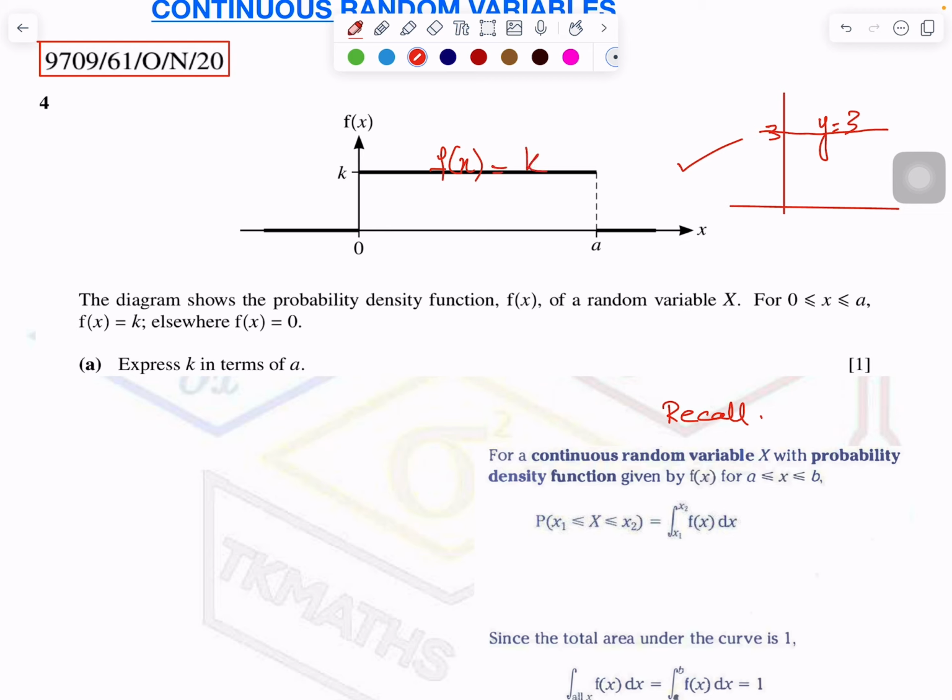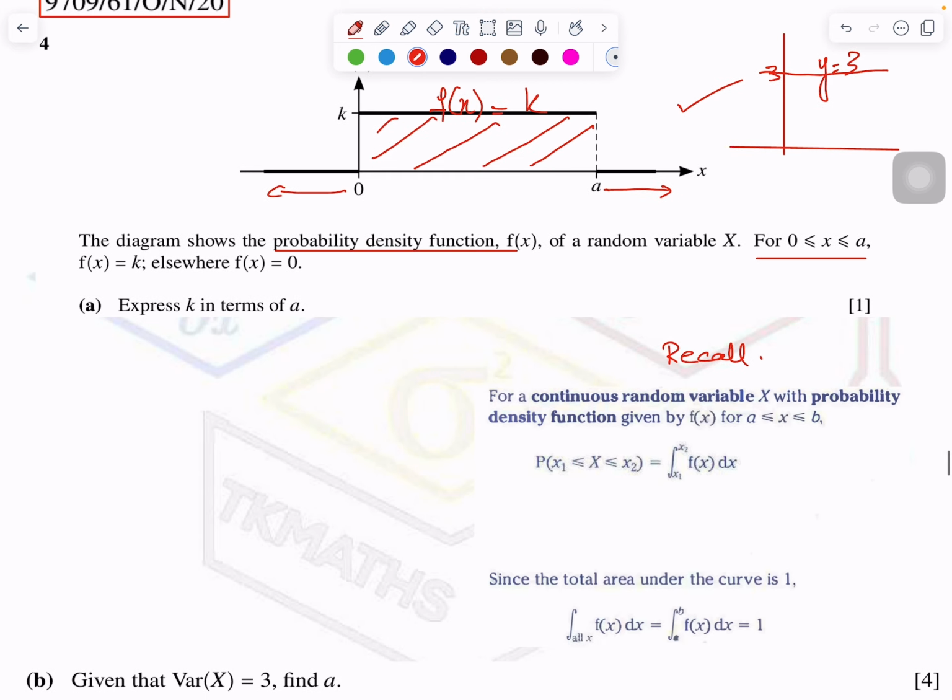And we know when we are showing the probability density function for random variable x between 0 to a, that we can see from here also, because more than a and less than 0 it is 0. So it means this whole area is equal to 1. This is what the property also explains to you.